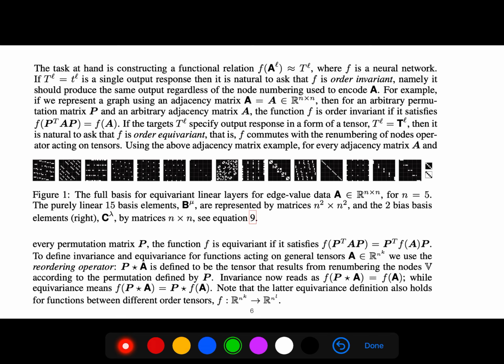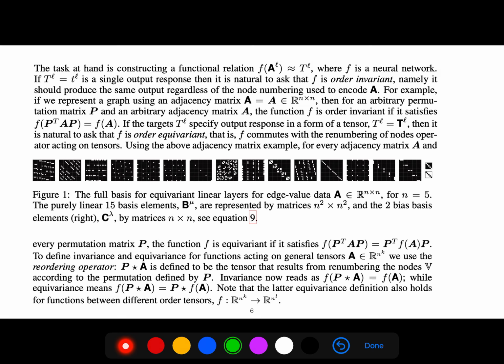So the task at hand is constructing a functional relation where F is a neural network. If T sub L is a single output response, then it's natural to ask that F is order invariant.